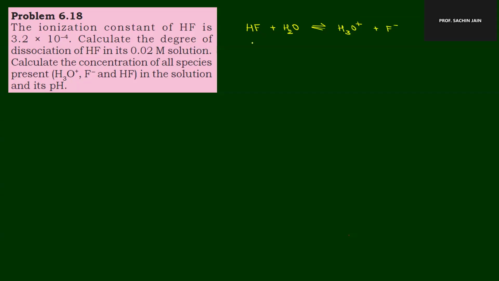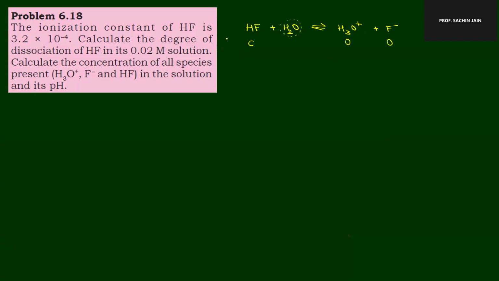Now, if I consider the concentration of HF to be C, water is always present in large excess, so we are not going to consider the concentration of water. And initially 0, 0. This is the ICE table I am talking about.